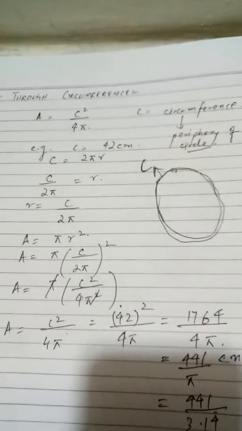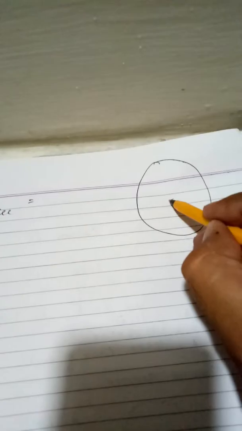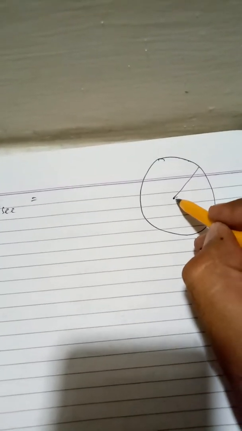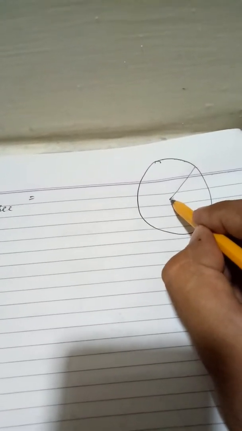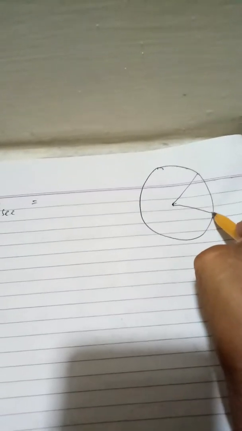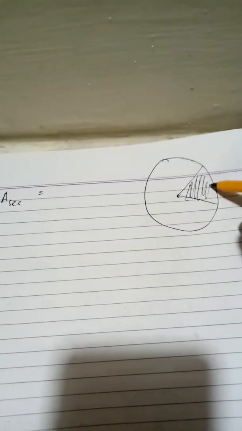Now let's see if I have enough space over here. Now I'm going to calculate it using the sector. How to calculate the area through a sector. For example, this is a circle, and I'm going to draw two lines in the form of radii, touching the edge of the circle. That will create a sector.